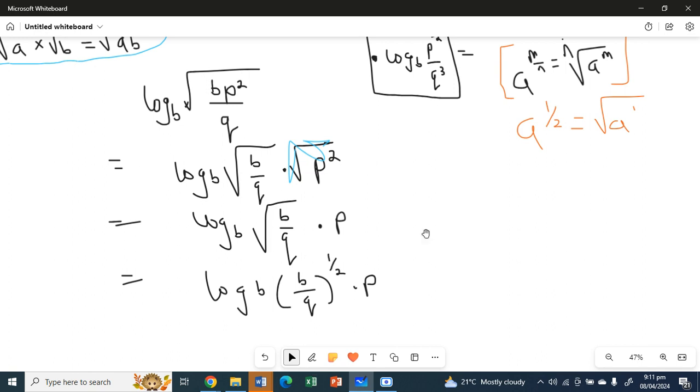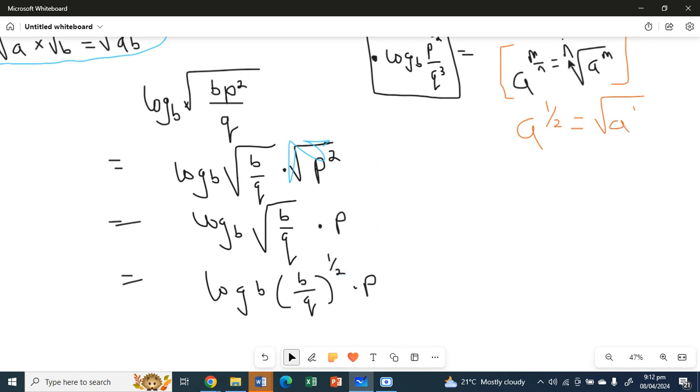Yes. So the way I've got rid of this radical here was using this law for indices. To get rid of this remaining radical, using this law, we change this radical to the power 1 over 2.